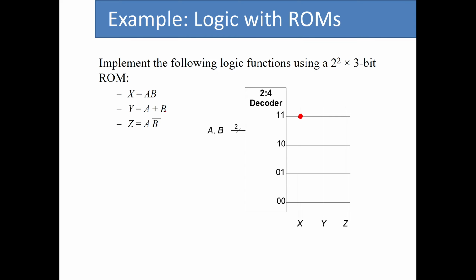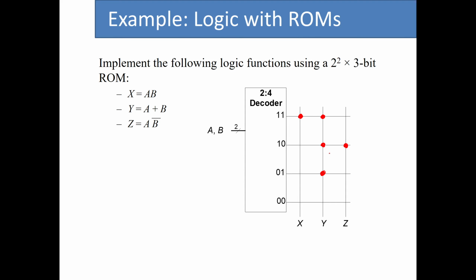A or B is for either A is 1, B is 0, A is 0, B is 1, or when both of them are 1. So this is for Y, which is A or B. And finally, Z is A B bar, so when A is 1 and B is 0. So this corresponds to this bit here.